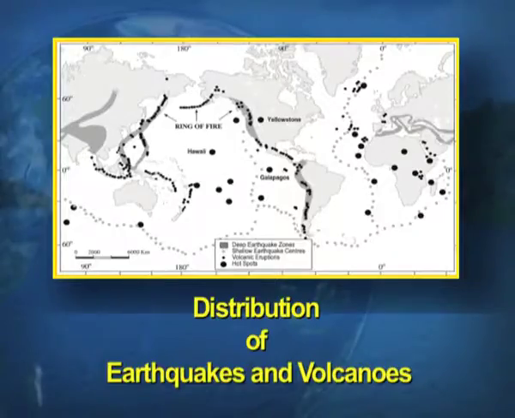If we have a look at the distribution of the earthquakes and volcanoes on the world map, you can see that we have a striking similarity with respect to the line of central parts of the Atlantic Ocean almost parallel to the coastlines. A line of dots, you can see it over here.